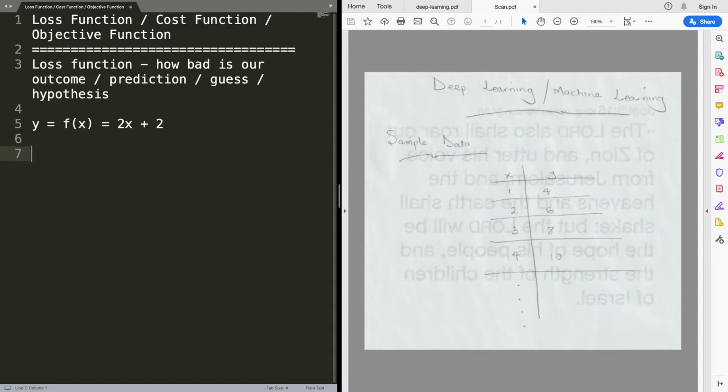But if we have a lot of data here, it is possible that somebody will predict, let's call it a y prime, and say that the f prime taking x is actually 2x plus, let me make it simple now, plus 1.